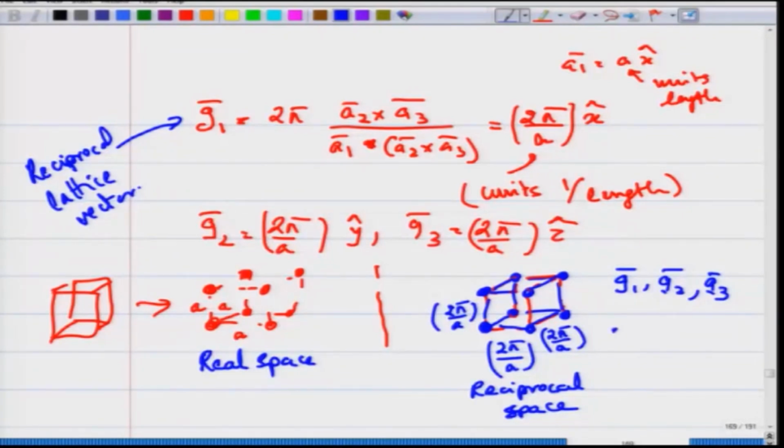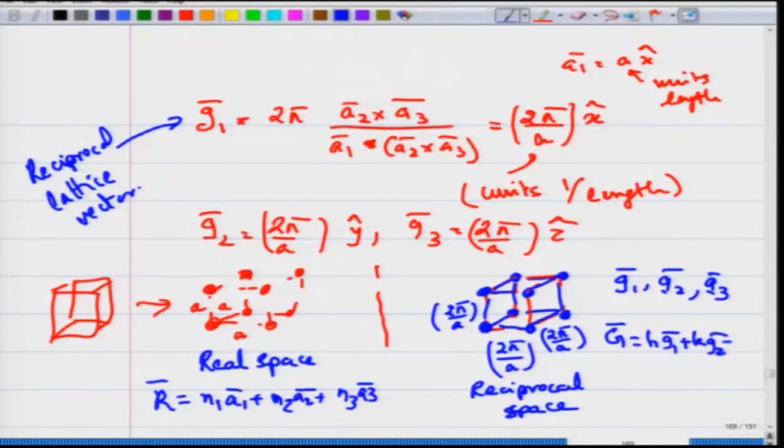And here you have a translation vector R, which is written as a linear combination n1 a1 plus n2 a2 plus n3 a3. Here your vector, which is your translation vector in reciprocal space, is h times g1 plus k times g2 plus l times g3. So, for every lattice you can do two types of geometrical constructions.